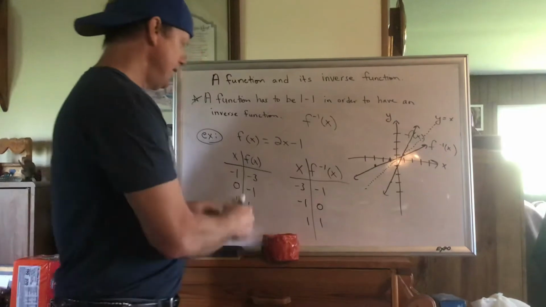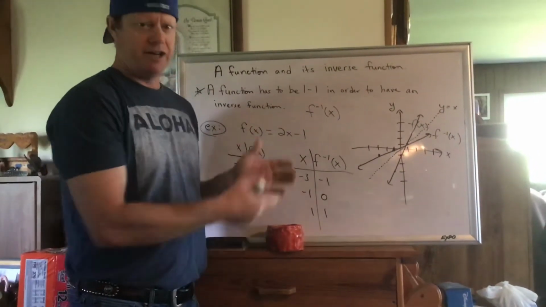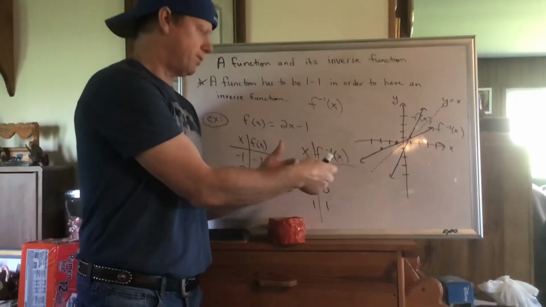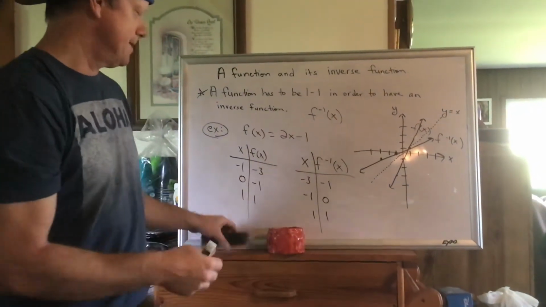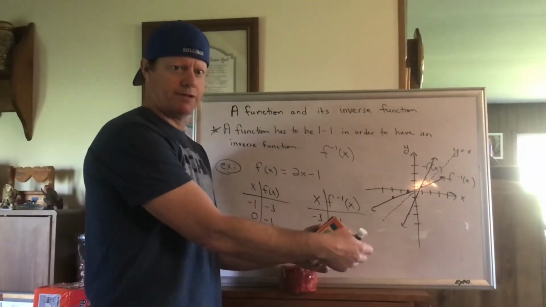So if you know a table for your original function, you automatically know the table for the inverse function because you just interchange the coordinates. So the domain in the original function is the range in the inverse function and vice versa.